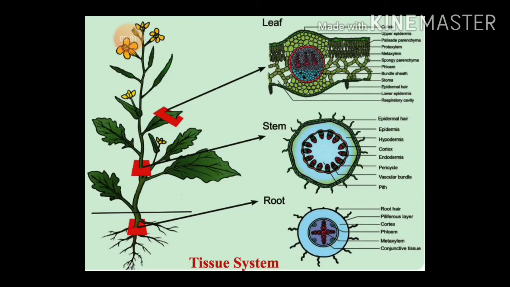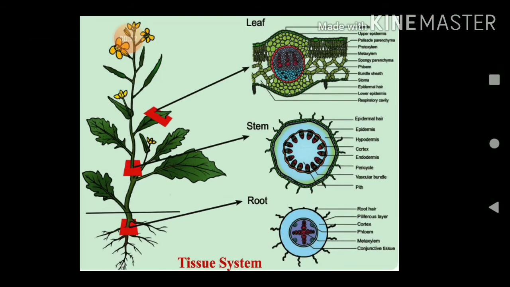This is another slide showing morphological and anatomical features of a plant. On the left side you can see the mustard plant, a dicotyledonous plant, and it shows the morphological features of root, stem and leaves.